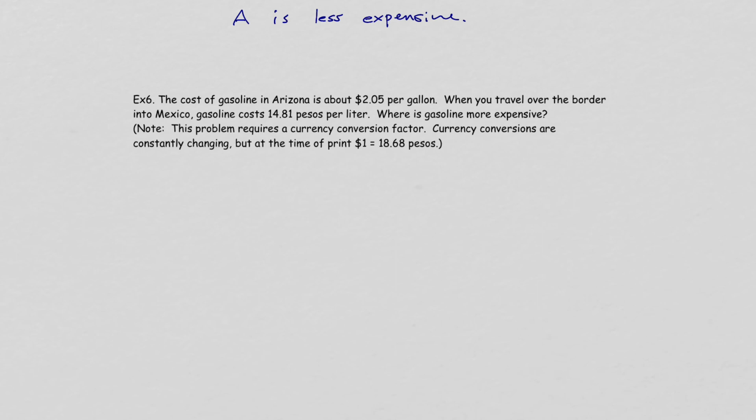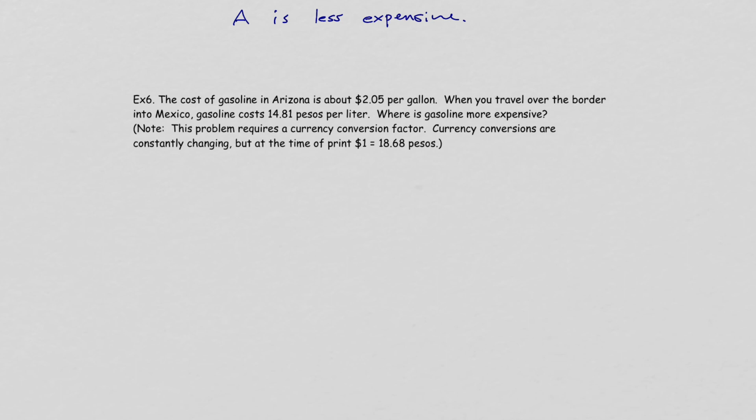And then when you go to Mexico, this is the price of the gasoline per liter. So because it's a different country, they use different units. We want to compare it, and this gives you the unit changes from dollars. So let's see what we can do.